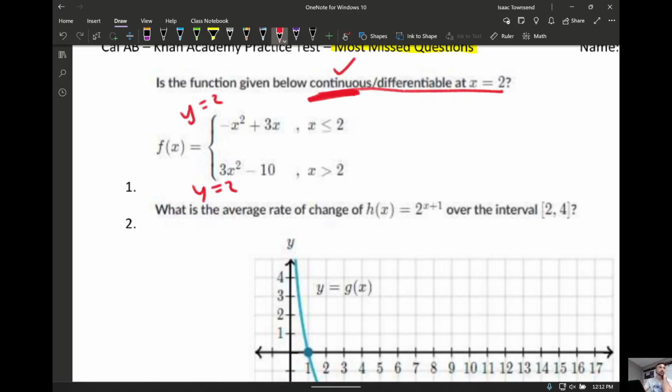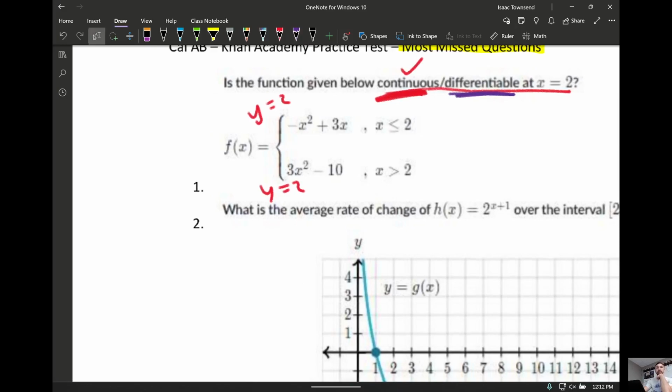Okay, the differentiable is the part I'm worried about, because I've said this, but I haven't said this with a piecewise function. It's the same thing, but again, applying it to a piecewise just kind of feels different. To be differentiable means you can take the derivative. Well, when can you not take the derivative?